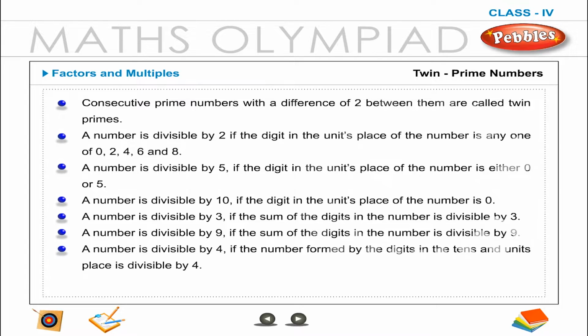A number is divisible by 3 if the sum of the digits in the number is divisible by 3. A number is divisible by 9 if the sum of the digits in the number is divisible by 9. A number is divisible by 4 if the number formed by the digits in the tens and units place is divisible by 4.